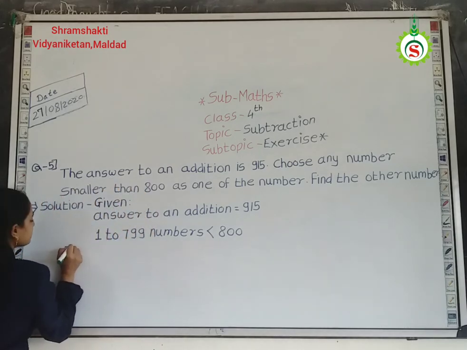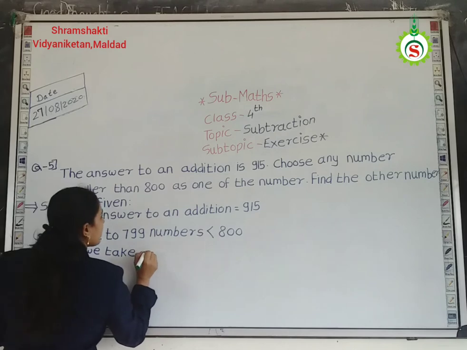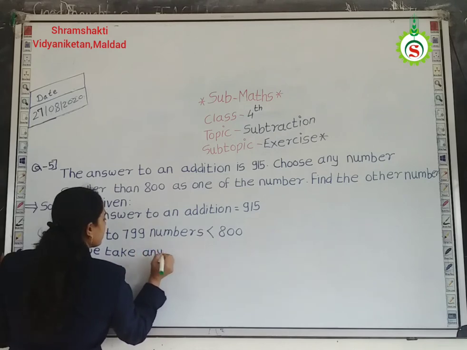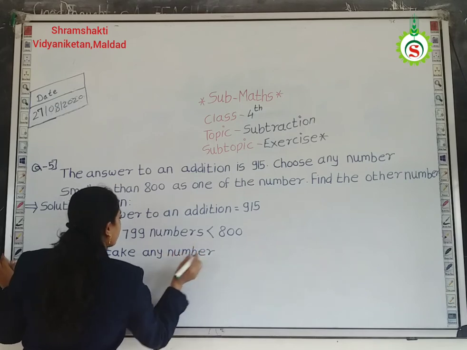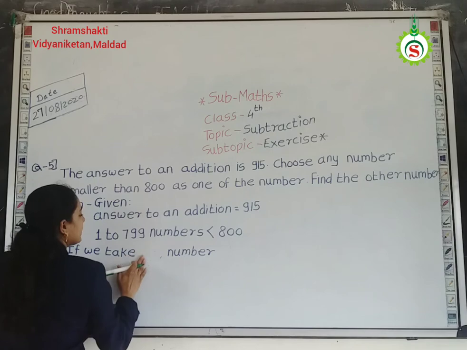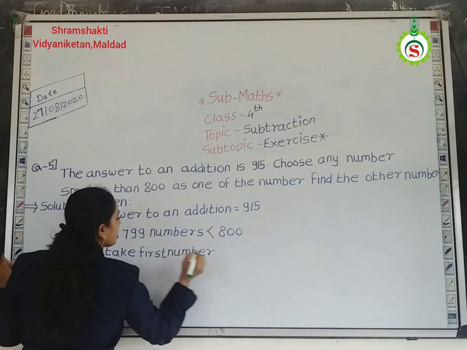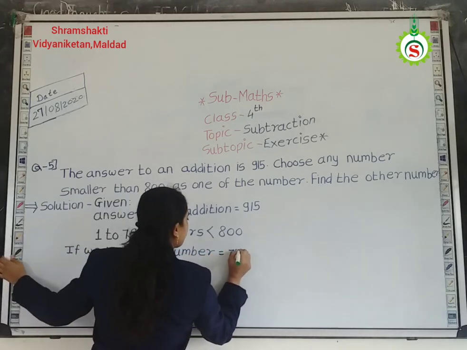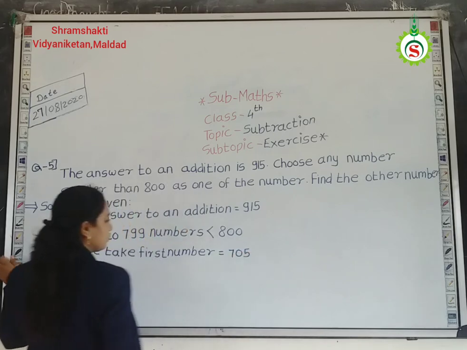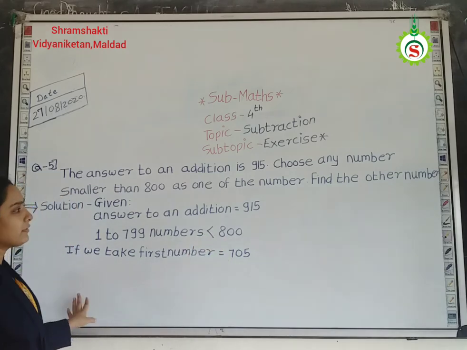See here. If we take the first number equal to 705, which is less than 800, then what do we have to find?